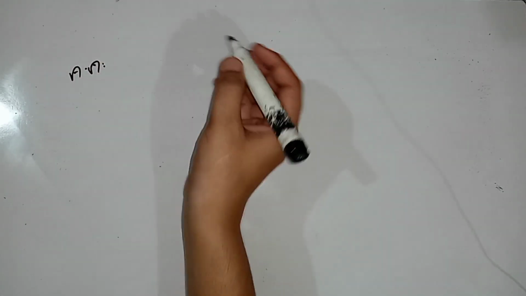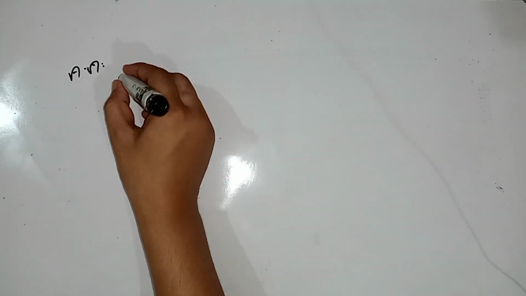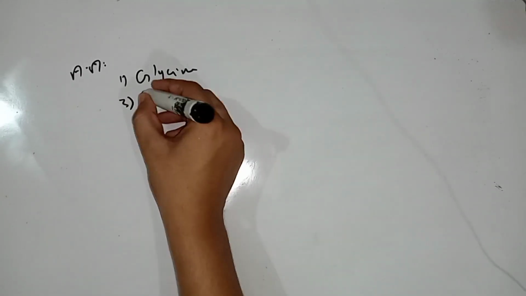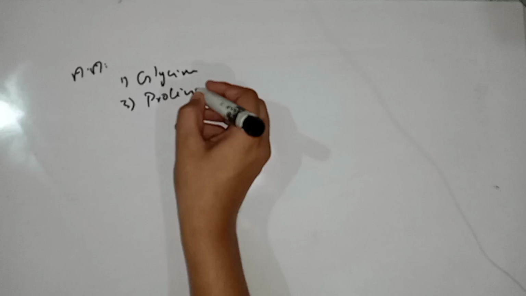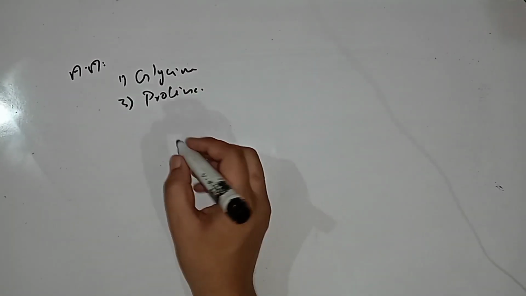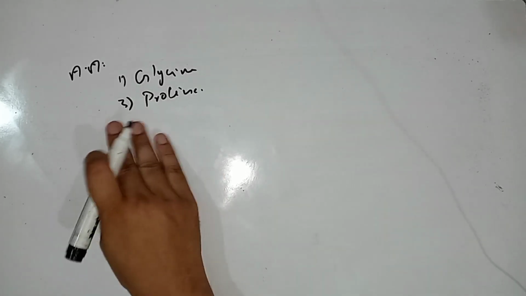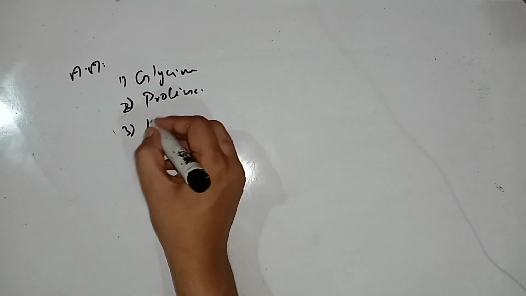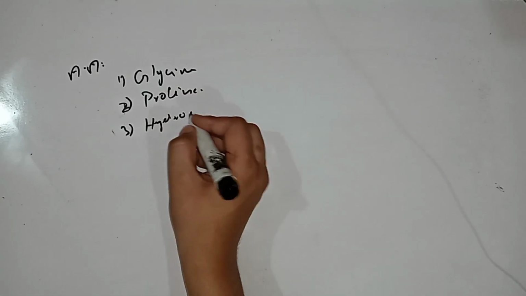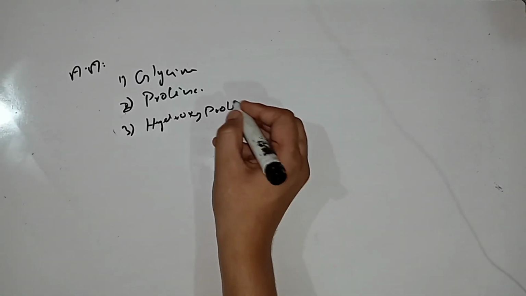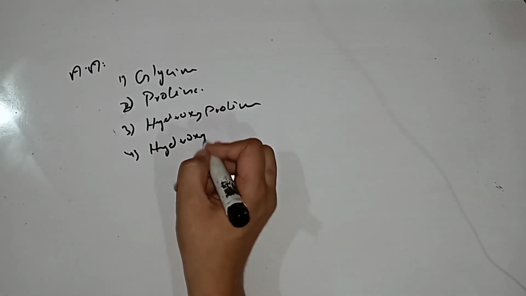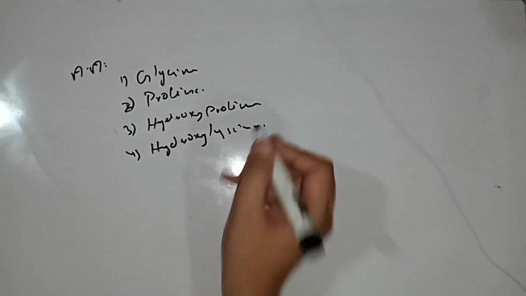The principal amino acids found in the collagen include glycine, proline, hydroxyproline, and hydroxylysine.